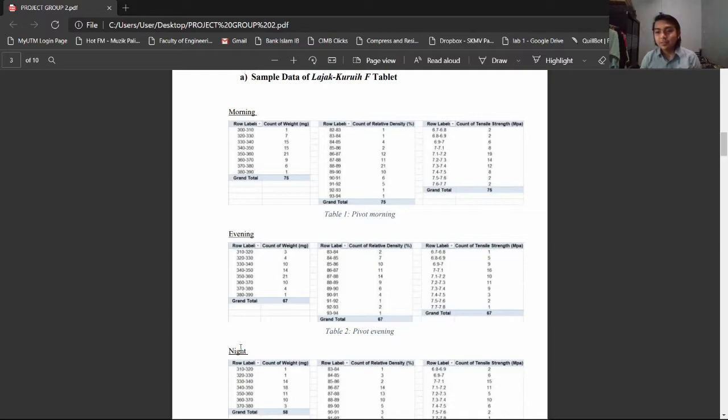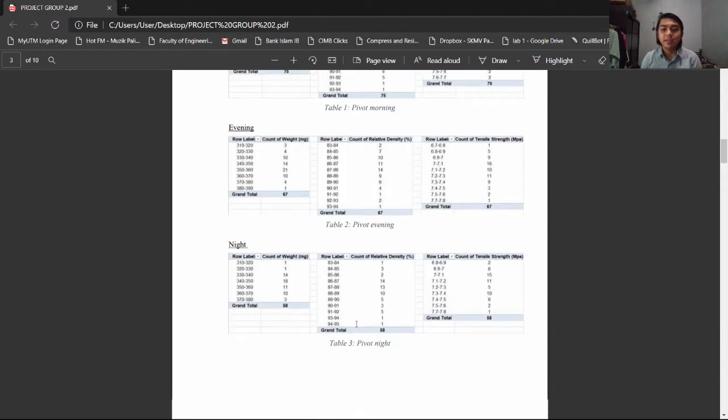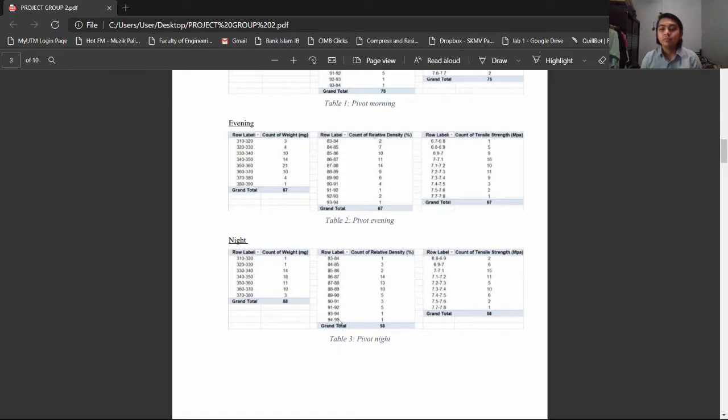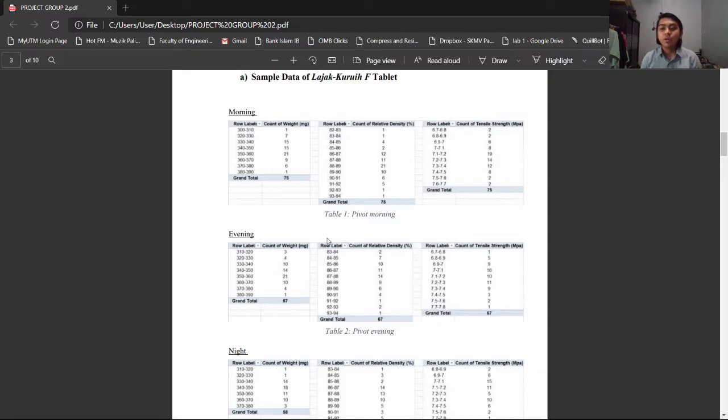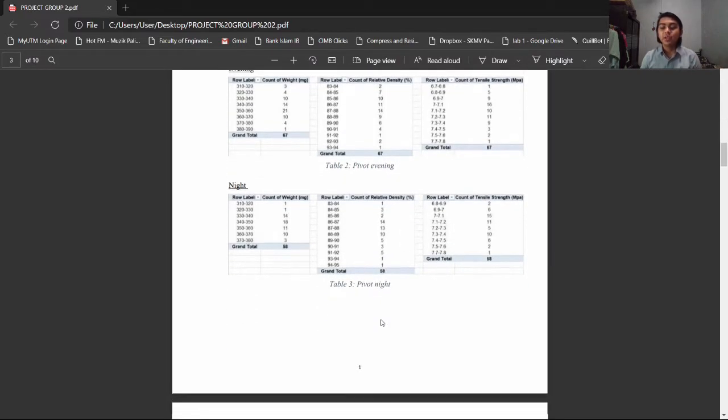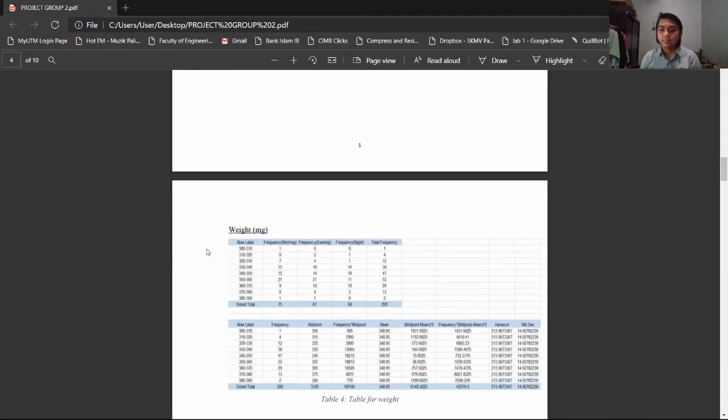The pivot table can also set the range of the row label, as you can see in table 1, table 2 and table 3. For the pivot data, we must do it for the data of weight, relative density and tensile strength. Next, we go through the weight data first.